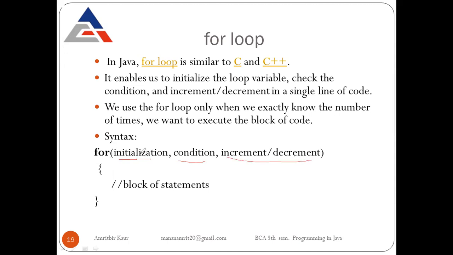We can skip initialization, condition, increment, or decrement as per our requirement, but we have to write semicolons between these. And then the block of the for loop is started. This is the block of the for statement, and in the block we can write our statements as per our requirement. Now let's understand the for loop with the help of an example.